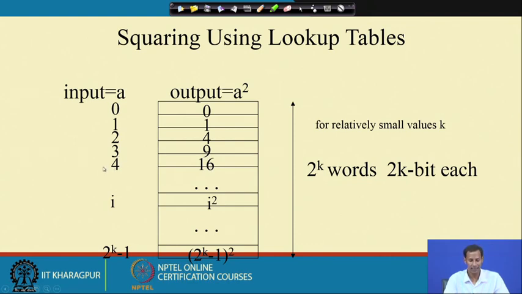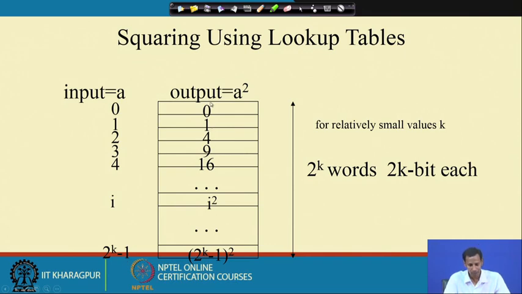These are the address values: this is the 0th location, this is 1, second location, third location, 4th location, something like this. If this input is of k bits, then I can form 2 to the power k minus 1 number of entries.